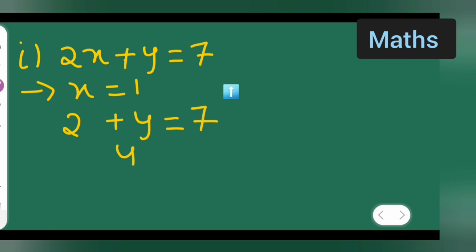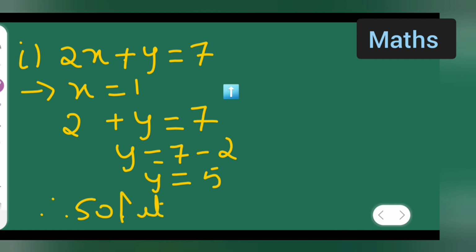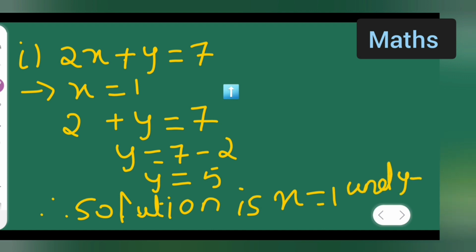So it will be y is equal to 7 minus 2. So y is equal to 5. Therefore, you can say solution is x is equal to 1 and y is equal to 5.